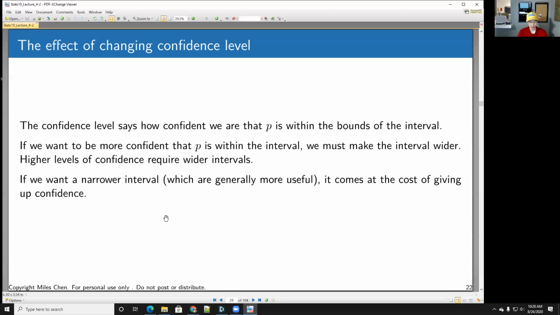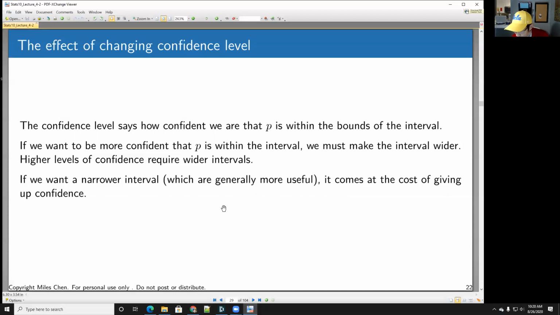If you want a narrower interval, which is more useful because it gives you a more precise range, a smaller range of possible values, you can use a smaller confidence interval, but it comes at the cost of having lower confidence.